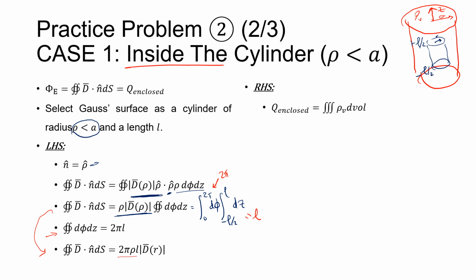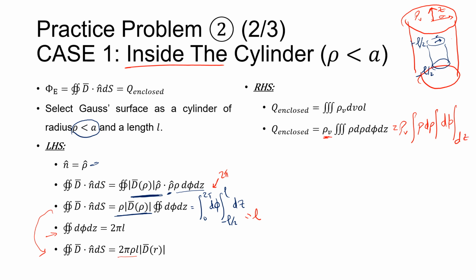Now we move to the right hand side. We want to calculate the enclosed charge, so we use this right hand equation. Rho v again is just a constant. So you just do the integration here, which is rho v, integration of rho d rho, integration of d phi, integration of dz.